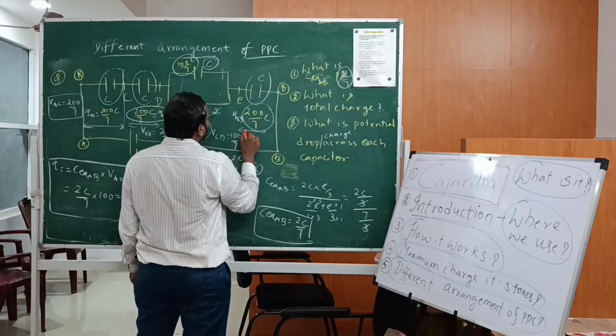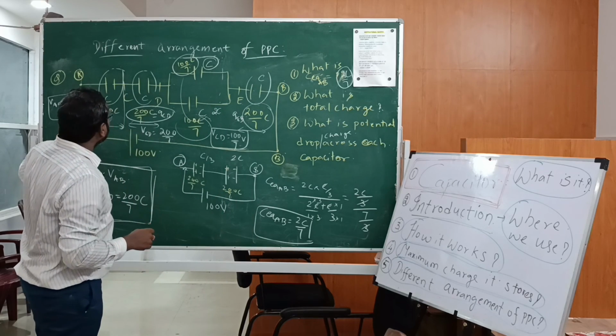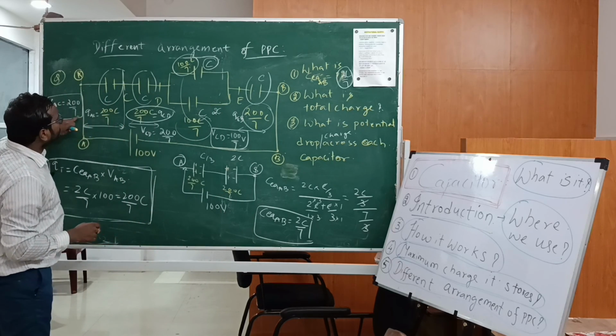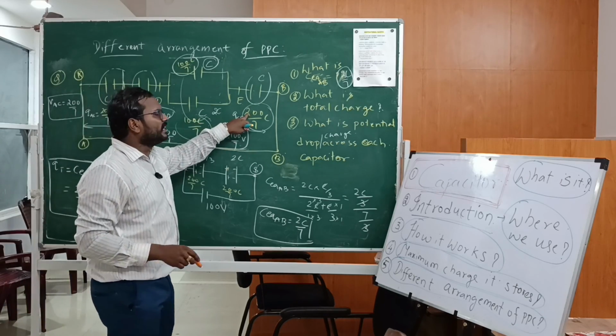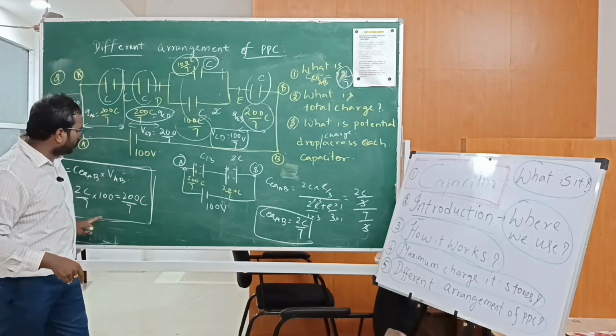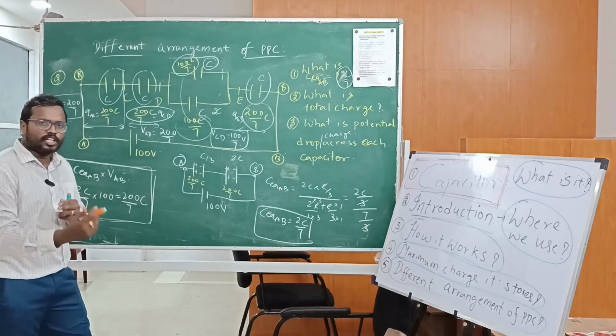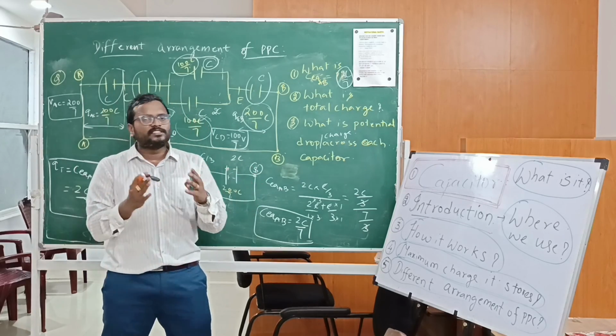VCB is going to be 100 by 7. If you add all these up, 200 by 7 plus 200 by 7 is 400 by 7, plus 200 by 7 is 600 by 7, plus 100 by 7 is 700 by 7, which is 100 volt. We have to cross-check this so that you are very sure about the answer.